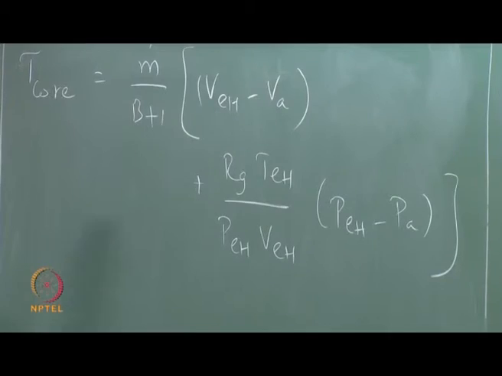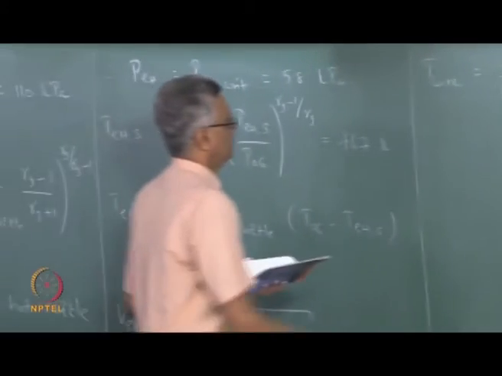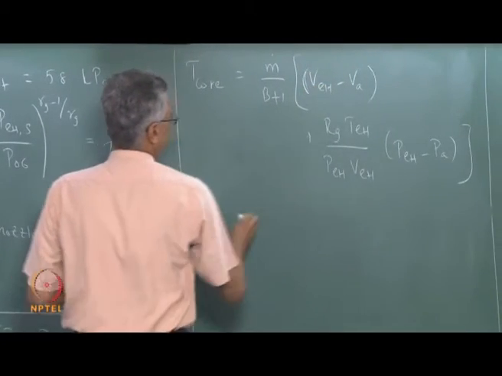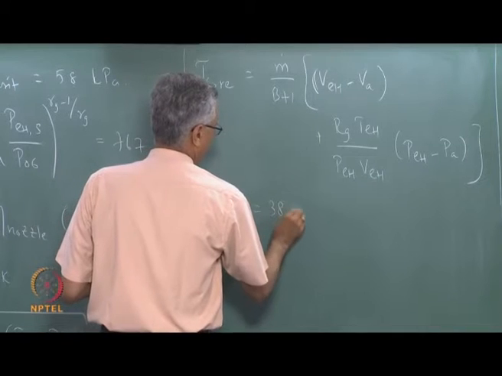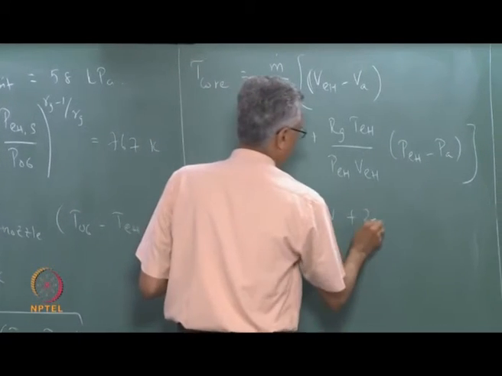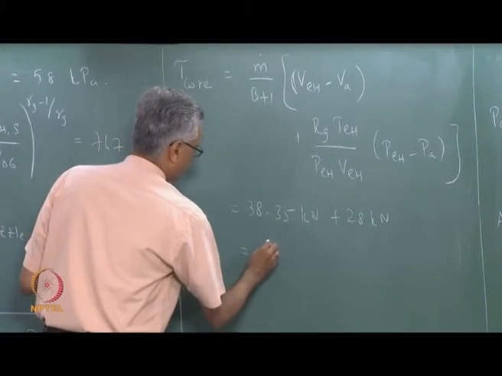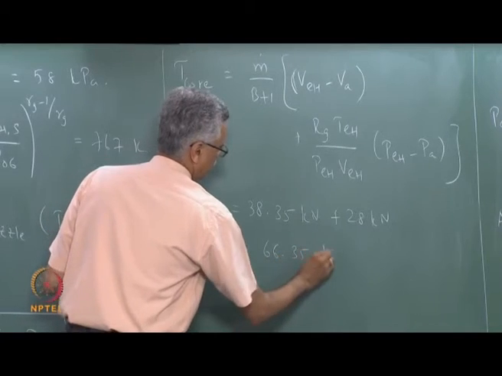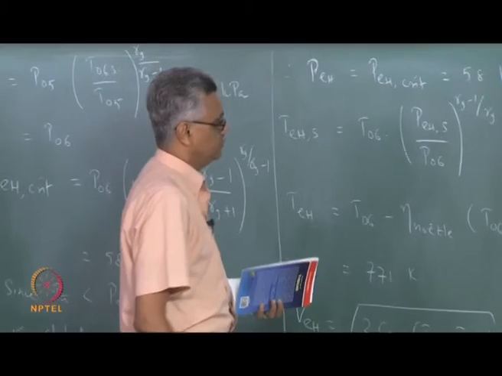And once again, I am not going to touch this mass flow rate. I will use the same value as before, and if I do that, I get this to be 38.35 kilonewton plus 28 kilonewton, which gives a total value of 66.35 kilonewton from the core engine.